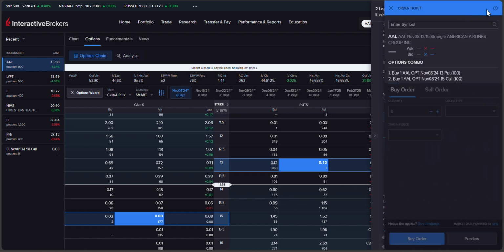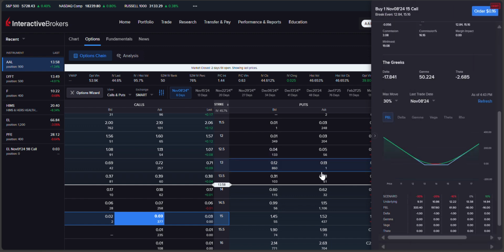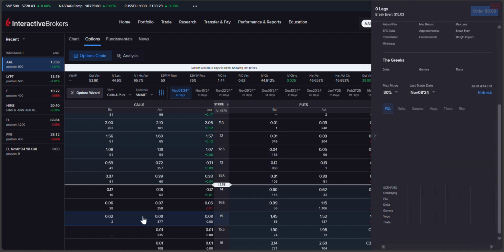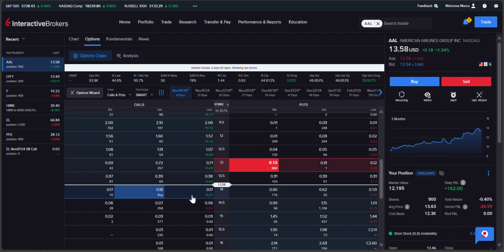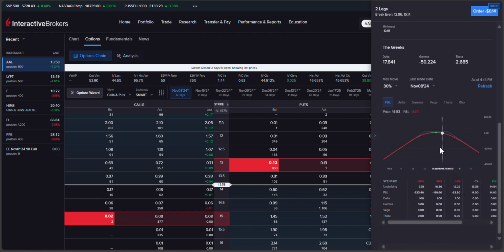As you can see here, it also recognizes that this is a strangle, and you can also use the short version of the strangle, which is right here. For example, this one, my mistake, this is the one. It is the same, and again, this profits from low volatility.